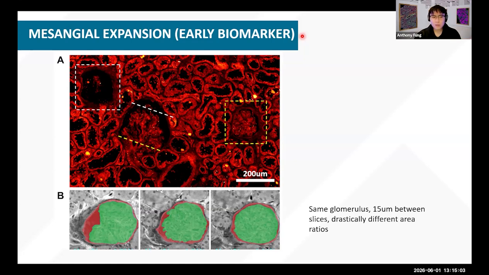This is an artifact of the traditional method where we do lineal analysis. We have this section very thin on a grid, and you count the number of pixels occupying the actual podocytes and the epithelial, like the tubules, and the empty Bowman space.